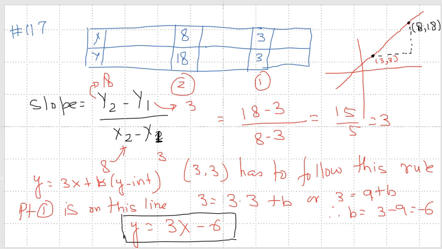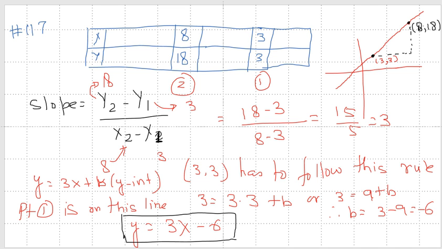Does that make sense? So let's just go through and remember this equation. We said the equation is y equals 3x minus 6, okay? So if you give me an x, I can give you a y. No problem.